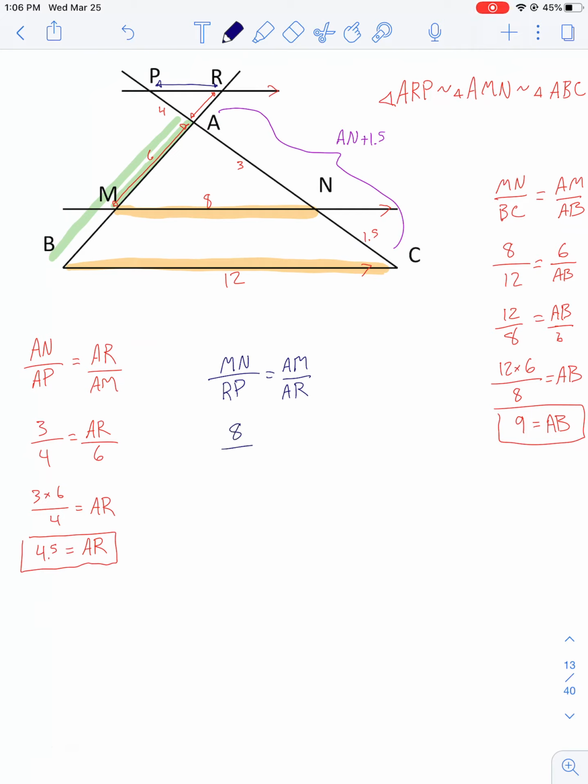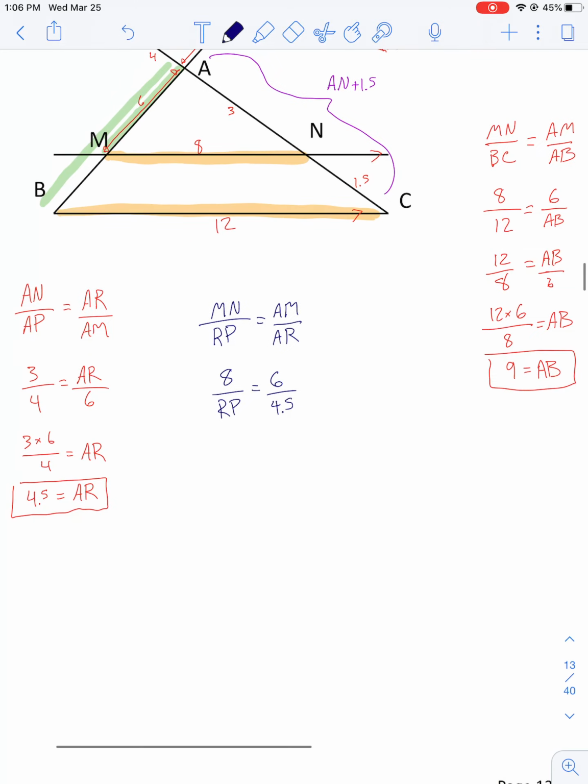MN is 8, RP is unknown, AM is 6, and AR is what we just found, was 4.5. Unknown is in the base, so I'm going to flip this fraction upside down, a little easier to solve.